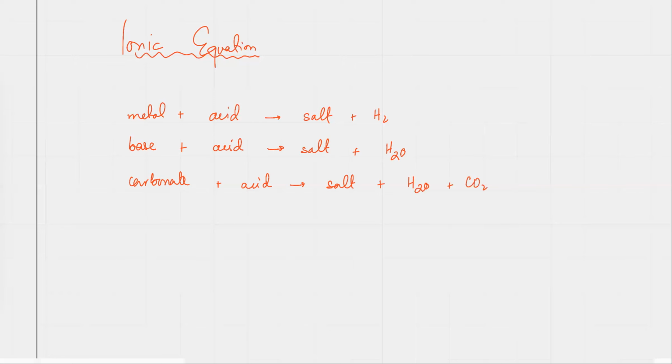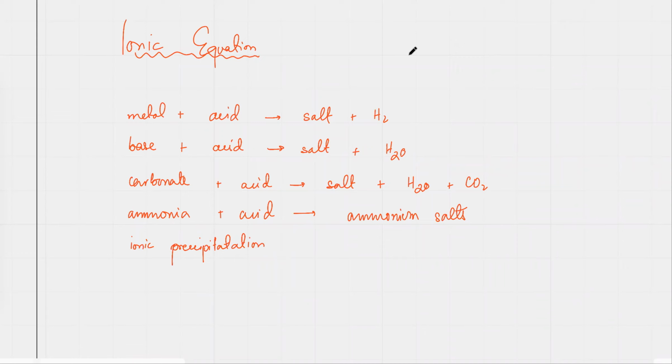And we did ammonia plus acid, and that would produce ammonium salts. And there was one more. We did ionic precipitation as well. That was another separate reaction.